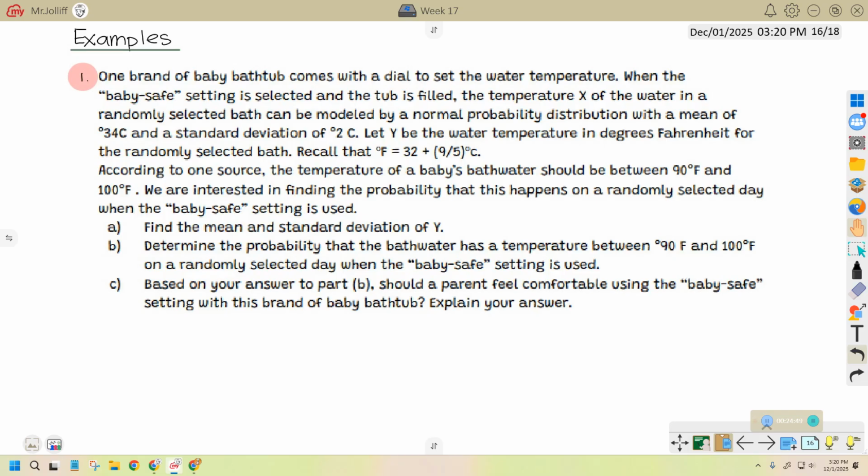Recall that degrees Fahrenheit equal 32 plus 9/5 degrees Celsius. According to one source, the temperature of a baby's bathwater should be between 90 degrees Fahrenheit and 100 degrees Fahrenheit. We are interested in finding the probability that this happens on a randomly selected day when the baby safe setting is used. Very good. Thank you, Drew.